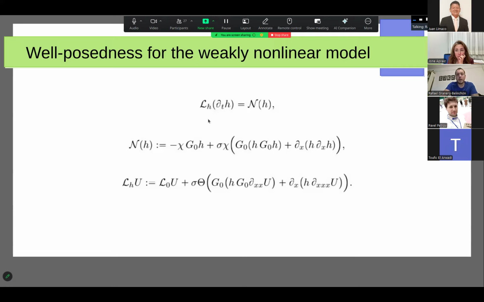I'm going to solve first the elliptic operator, because I can solve L0 since it's just dividing on the Fourier side. When I say I will solve for this elliptic operator, I mean I will do a fixed point to be able to solve the nonlinear elliptic operator.